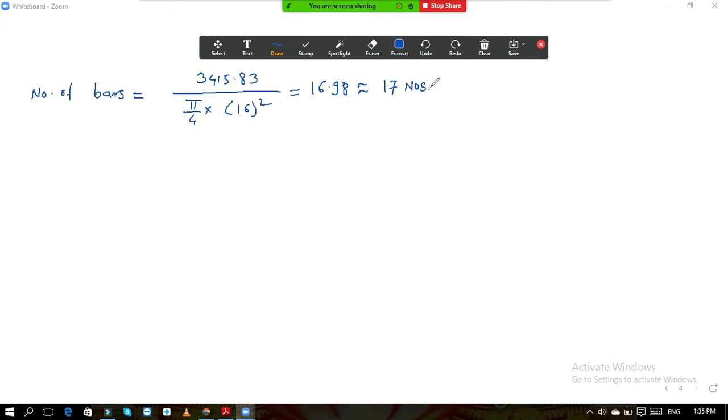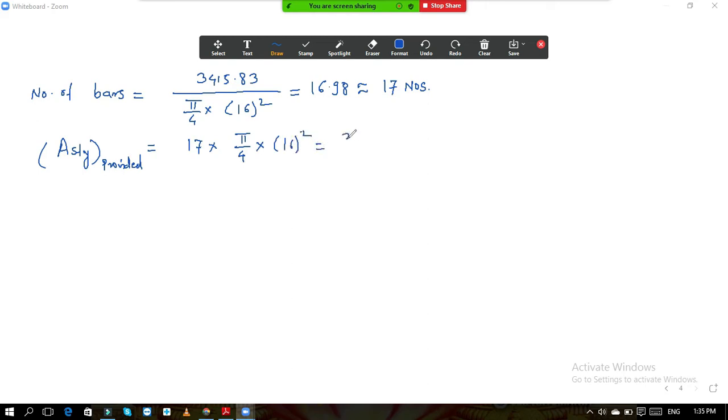So again the AST provided will be same as that of AST X provided, 3418.05, 17 number of bars. So AST Y provided is equal to 17 into pi by 4 into 16 square, which we have already calculated.